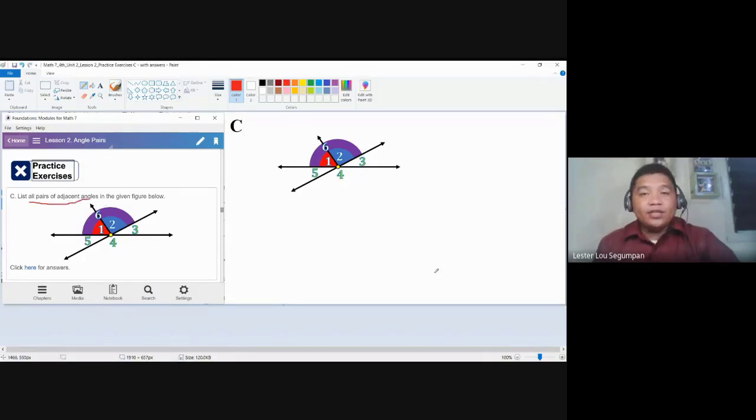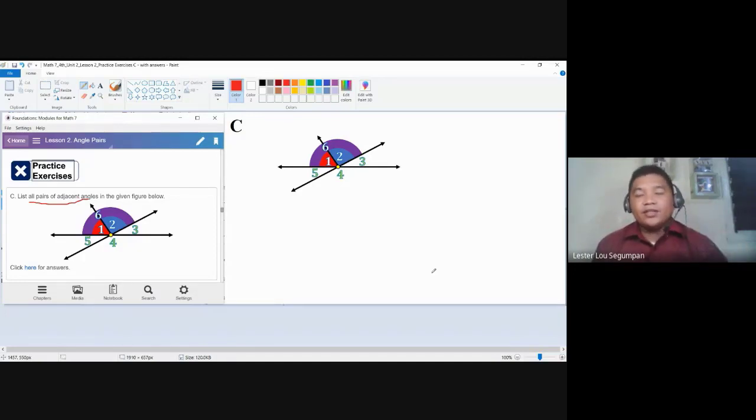Take note of the definition of adjacent angles: it has three different considerations, and all three must be met before we could say that two angles are adjacent. If one of the three is not present, then definitely the angles are non-adjacent.